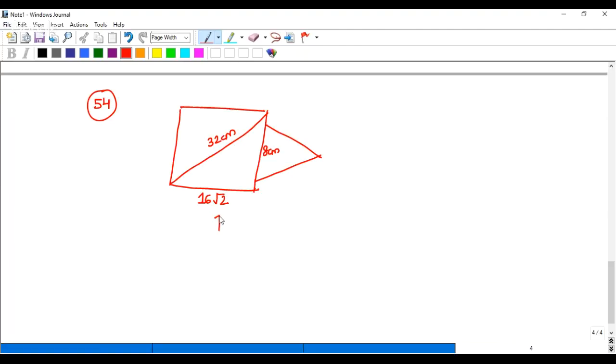I know that the area of the square, it is a square, which is 16 root 2 whole square. That is 256 into 2. That is 512. And I know the area of the equilateral triangle, it is root 3 by 4 a square.